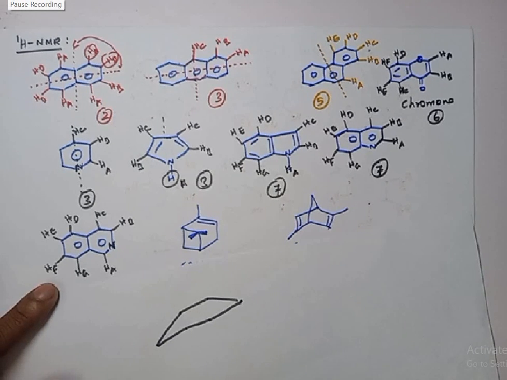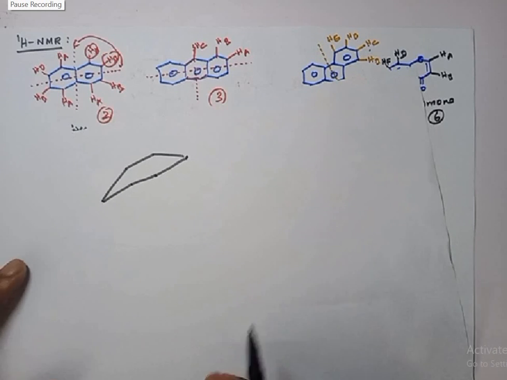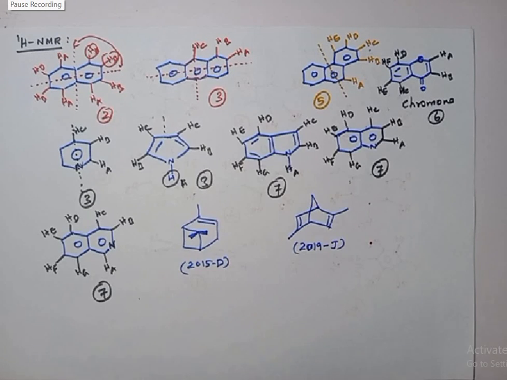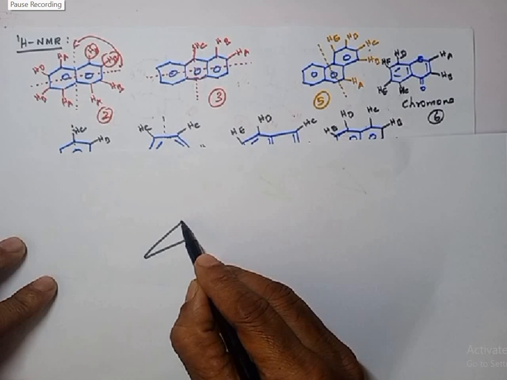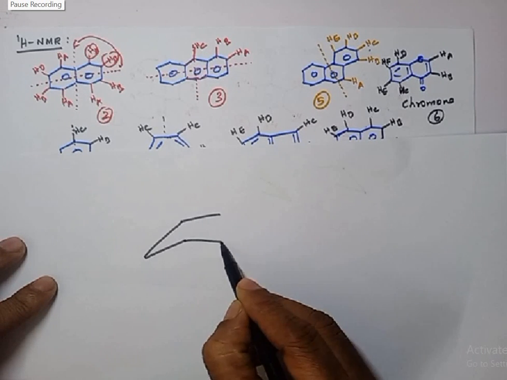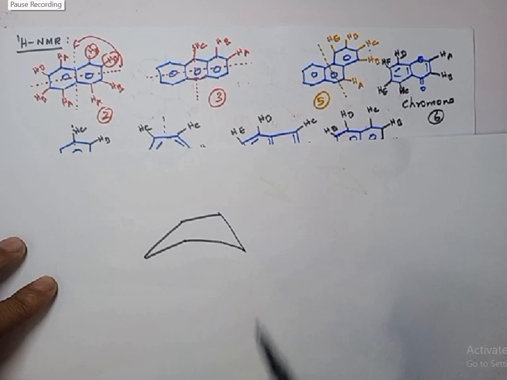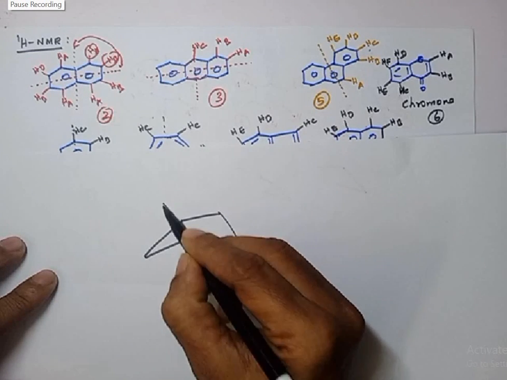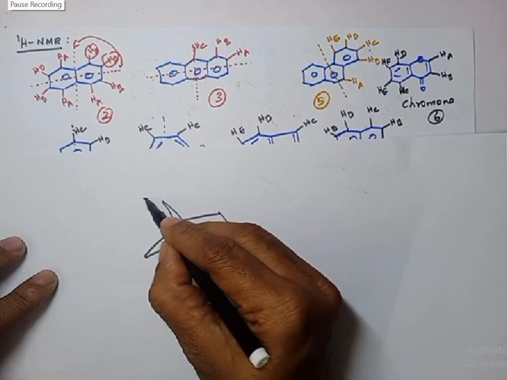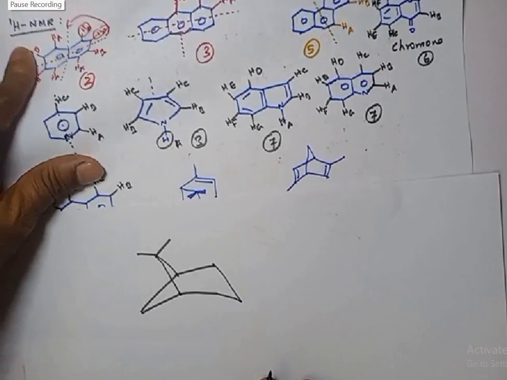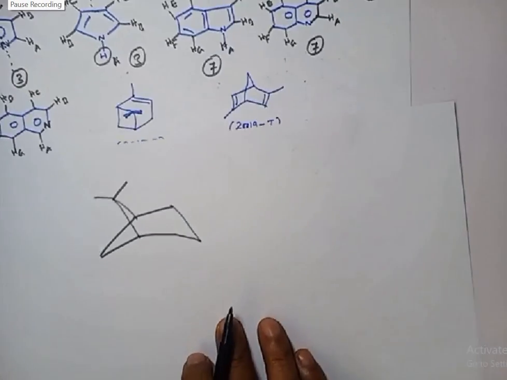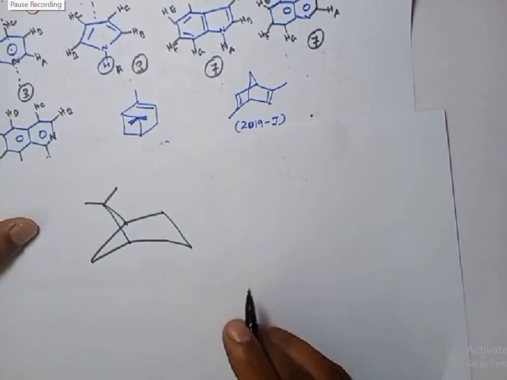One second, committing a mistake. Yeah. And we have methyl groups attached here. This is the compound given. I have drawn it in a form like this. So we have 26 carbon atoms.